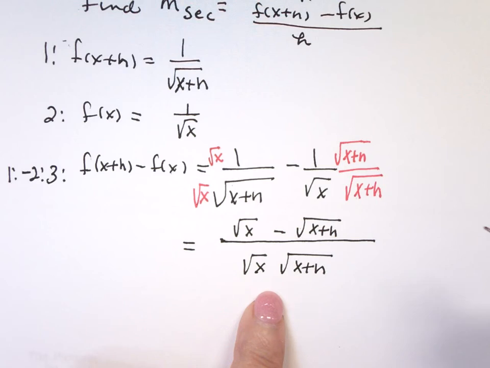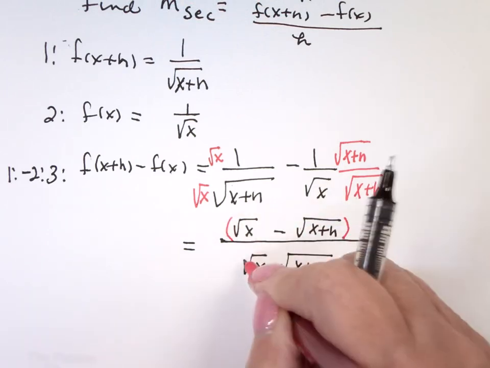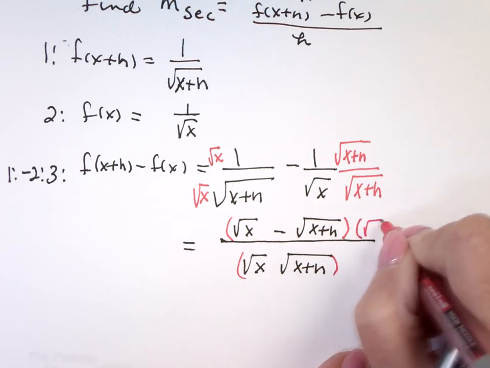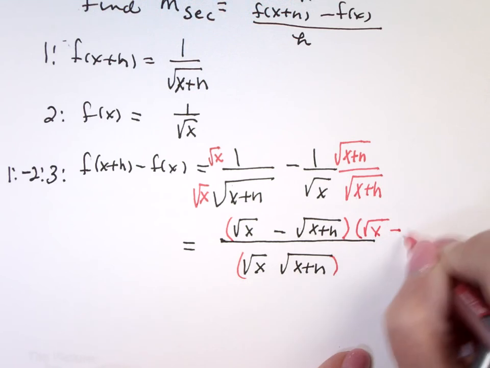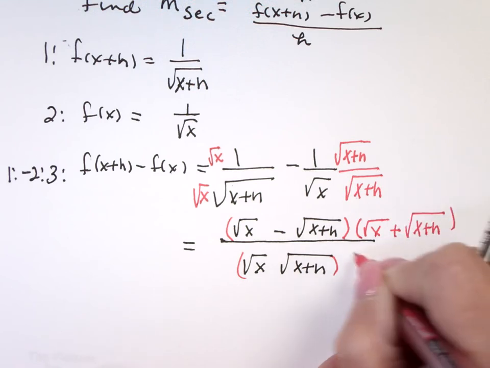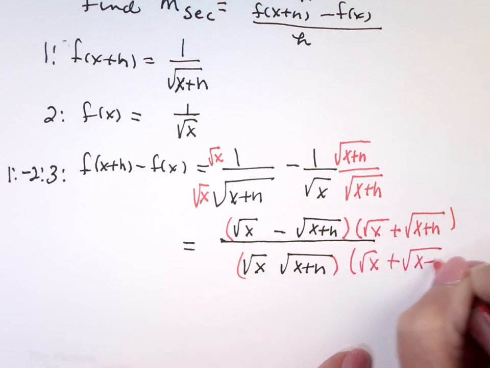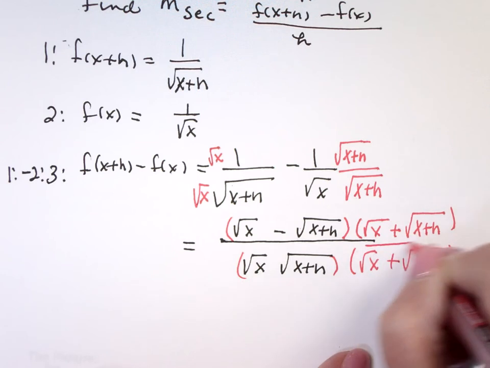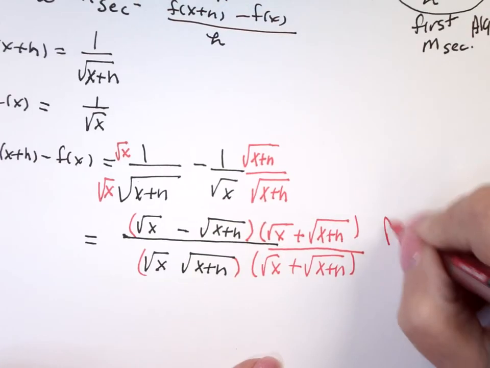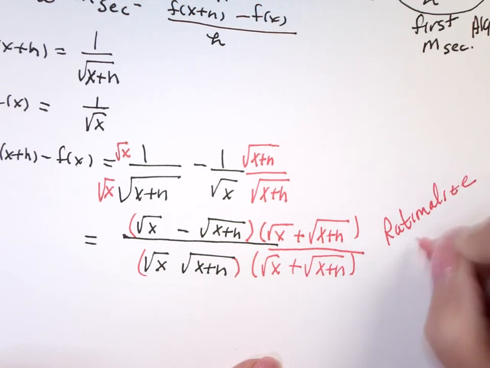To free up an h, I'm going to have to rationalize the numerator. Multiply by the conjugate. So this would be rationalize the numerator.